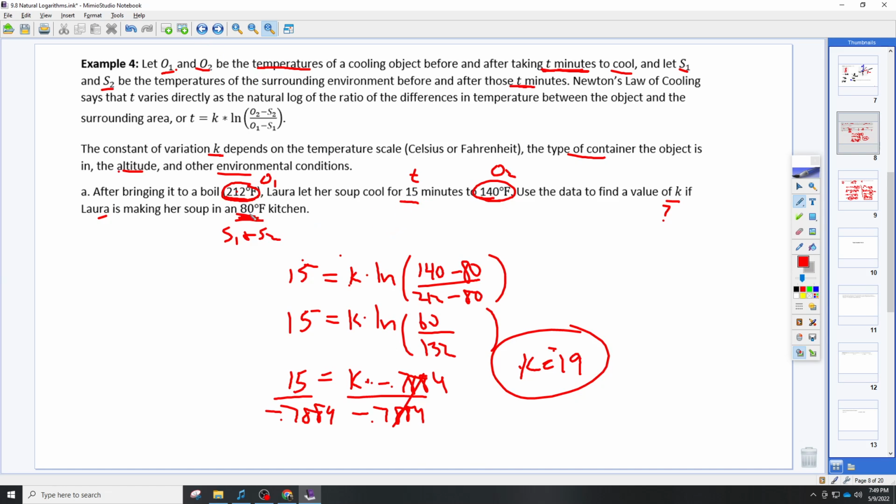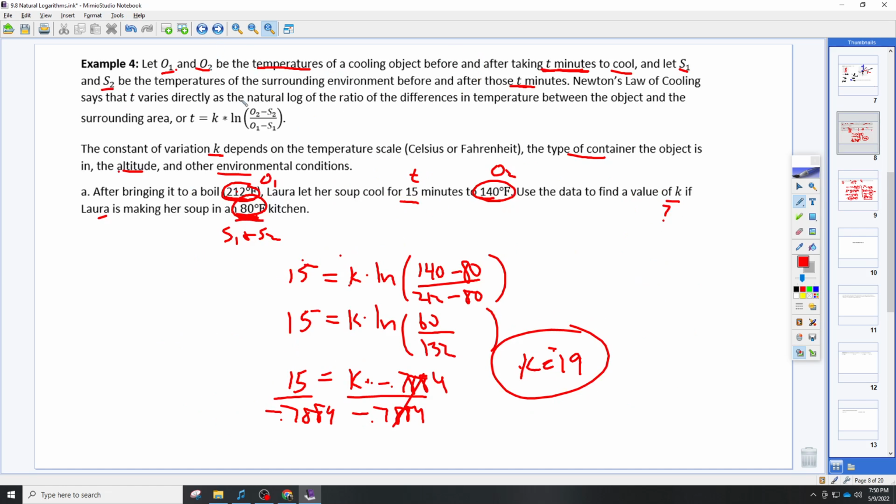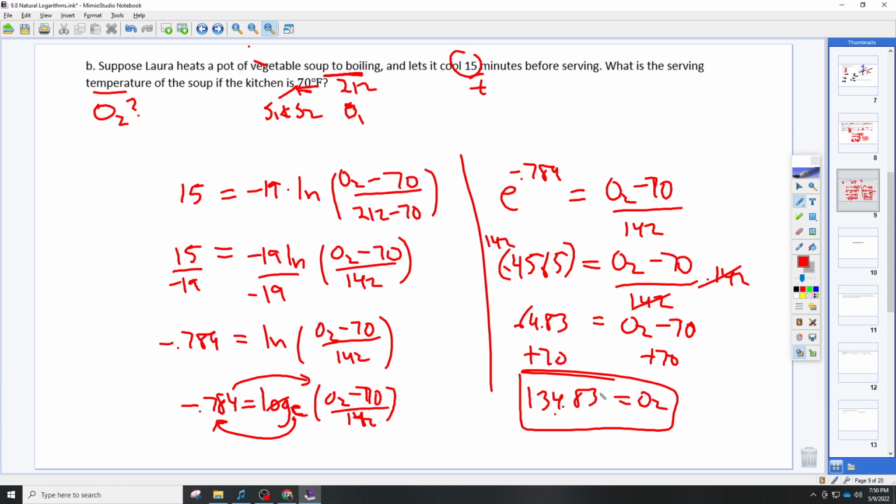Before we waited 15 minutes in an 80-degree kitchen, and it dropped to 140. So if it's a little bit colder of an environment, in this case 70 degrees, it should be a little bit cooler soup. We waited the same amount of time in the same area. It was just a little cooler. And we started with the same temperature, 212 degrees as a boiling temperature, and then it dropped down to 134. So it's a little bit less than if we had an 80-degree kitchen compared to 140. This is also in degrees Fahrenheit.